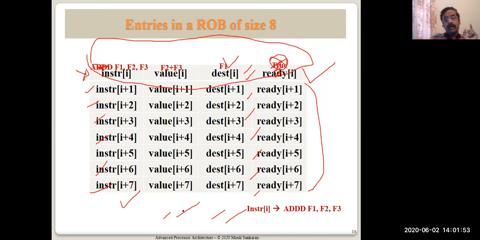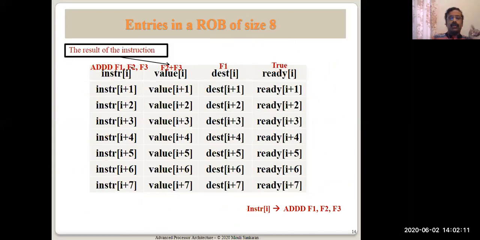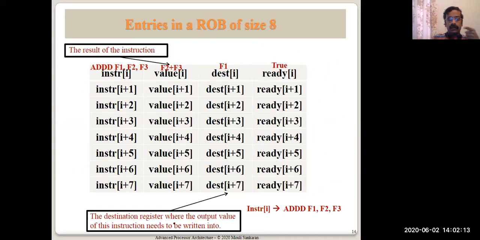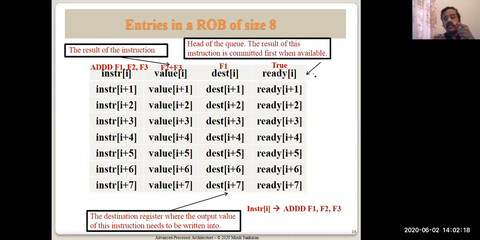But I can't schedule one more instruction because my ROB depth is only this much, and at the head of the ROB I have an instruction which is not yet over. So all the functional units can take a 10 minute break like you guys. The result of the instruction is here, the destination where it is supposed to go is here, and this is the topmost entry in the queue.